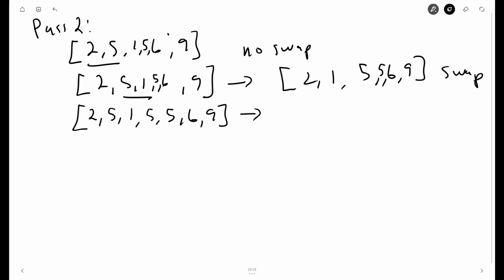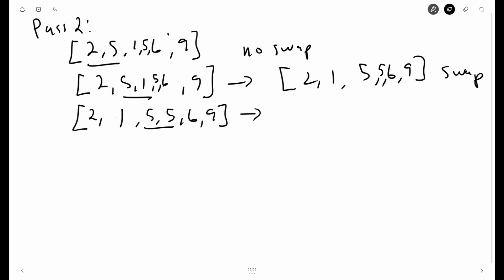Now we did 5 and 1, so this becomes 1 and 5: 2, 1, 5, 5, 6, 9. So we did 5 and 1, so this is good.